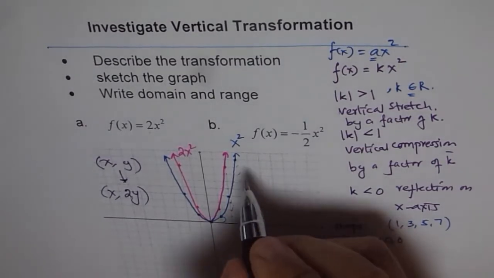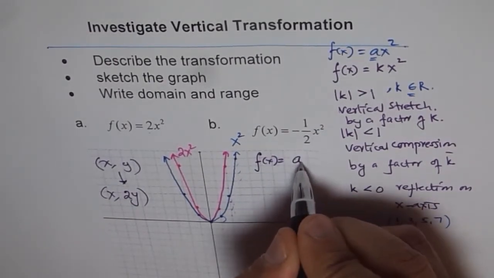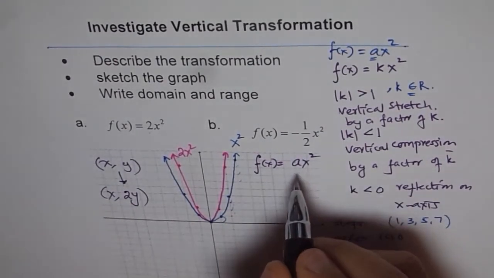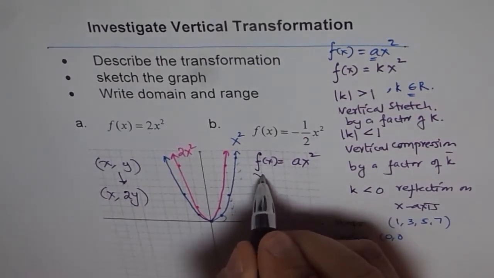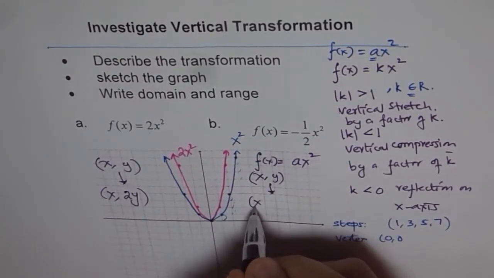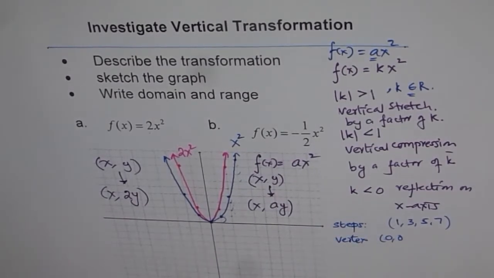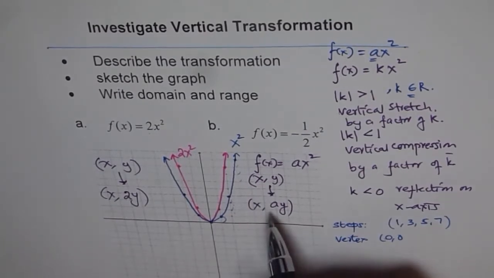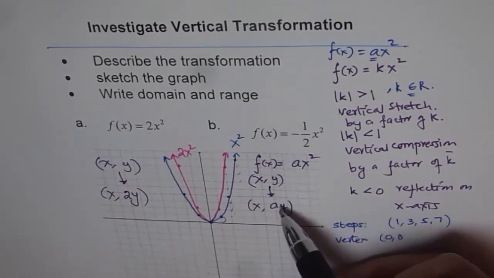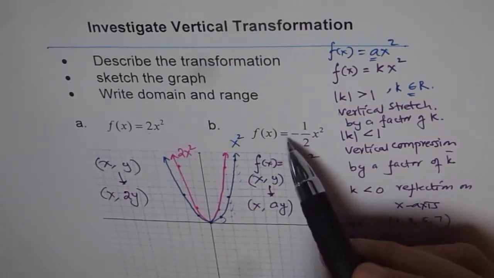In general, if I write a function f of x equals a times x square, then how will the points get transformed? The original points, let us say, are x and y, then they will transform as x and a times y. So that is, in general, the right way of writing. So even here, it will be a times y, where a is minus half.